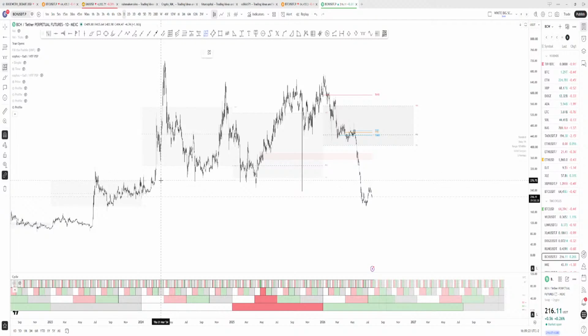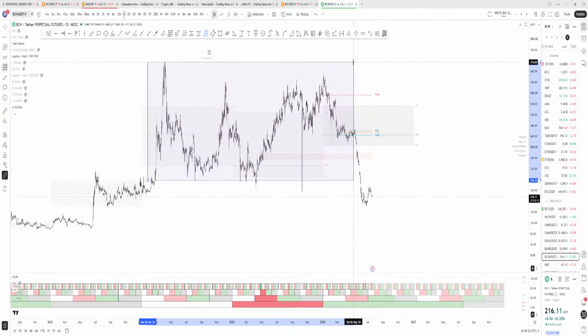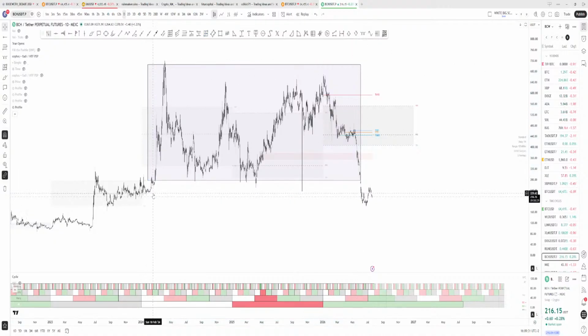So possibly from this point is your accumulation, and at this point is your PO3 down move.